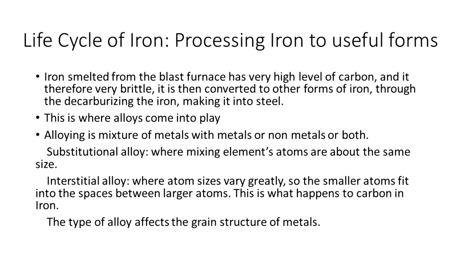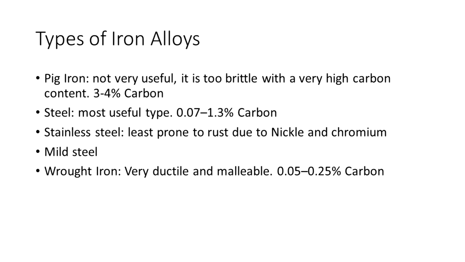The type of alloy affects the grain structure of the metals. The types of iron alloys are pig iron, which is what we get from a blast furnace, and it is not very useful. It has a high carbon content of about 3 to 4%. Steel is the most useful type, with around 0.07 to 1.3% carbon.